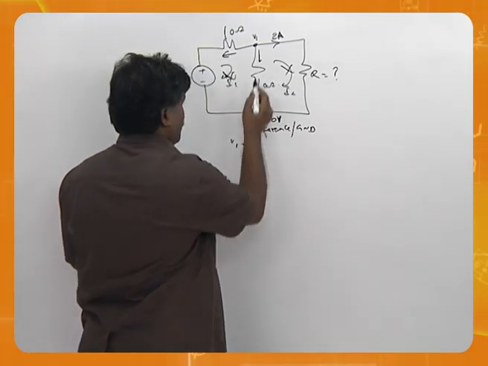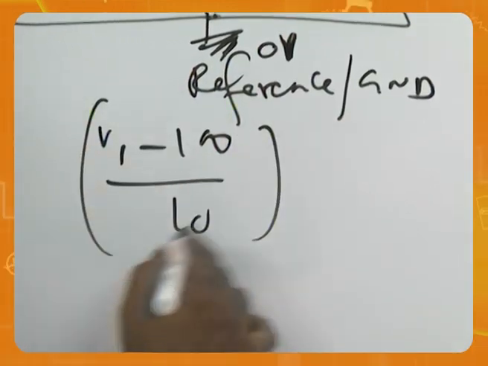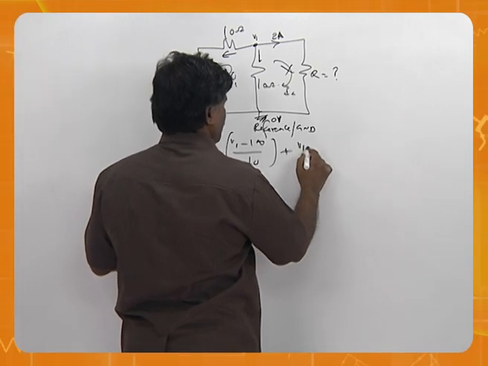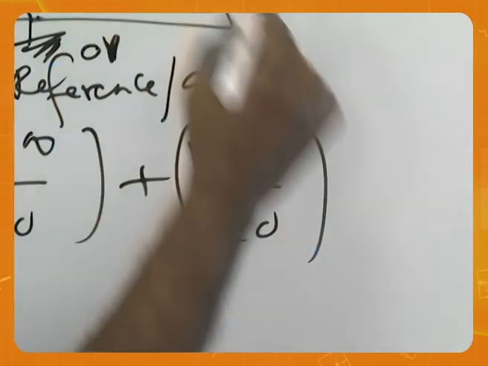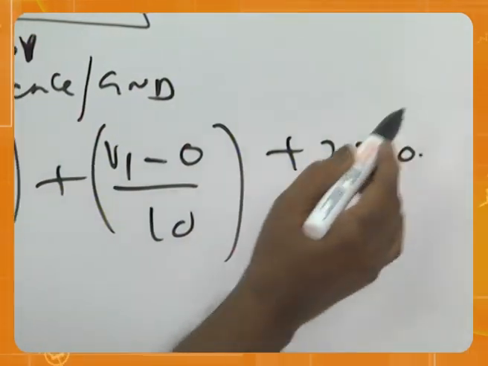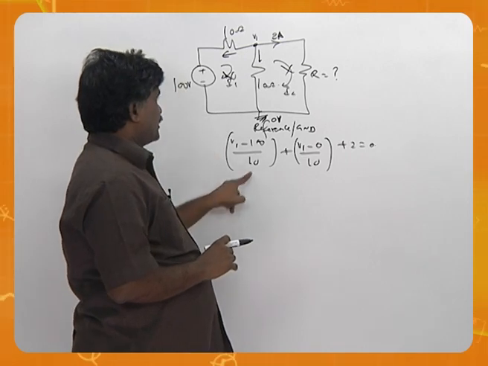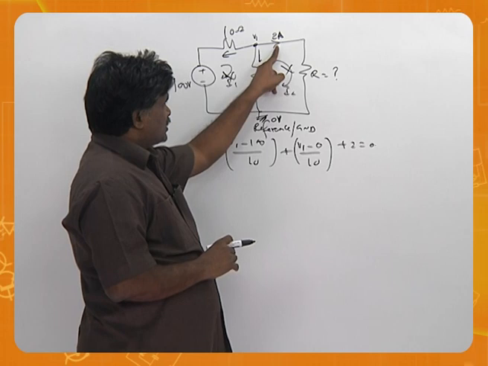Now, the best way to solve is this. (V1 minus 100) by 10 plus (V1 minus 0) by 10 plus 2 is equal to 0. V1 minus 100 by 10, V1 minus 0 by 10, and 2, which is already a current.